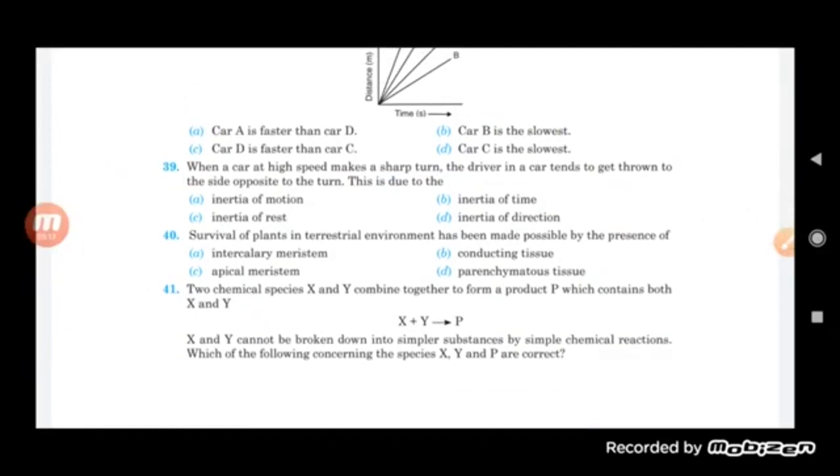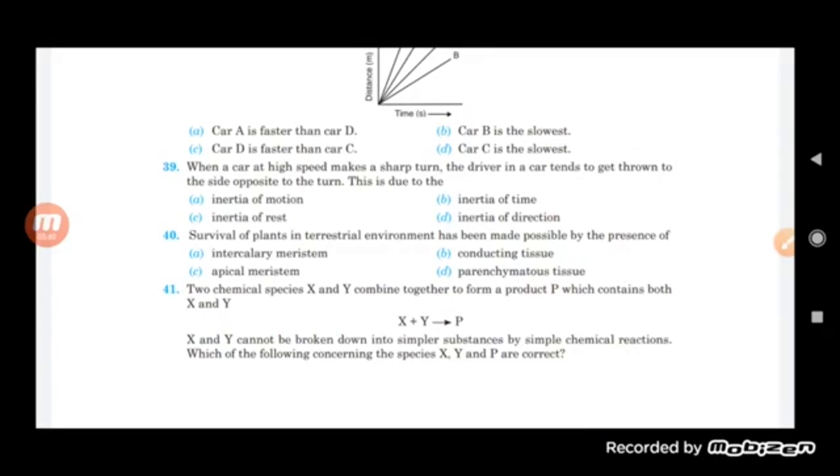The next one is that two chemical species, X and Y, combine together to form a product P, which contains both X and Y. X and Y cannot be broken down into simpler substances by a simple chemical reaction.